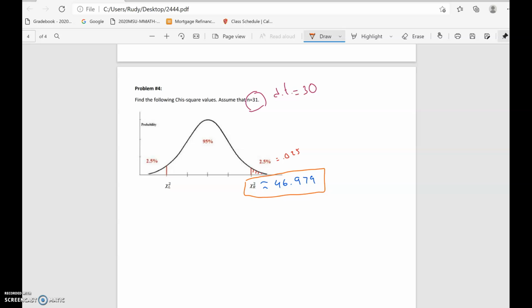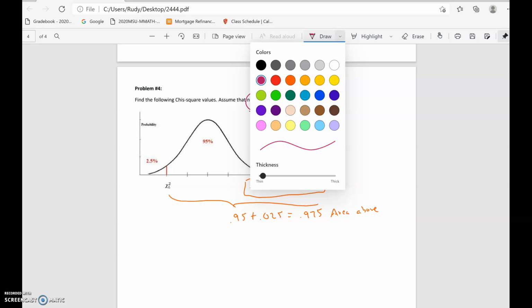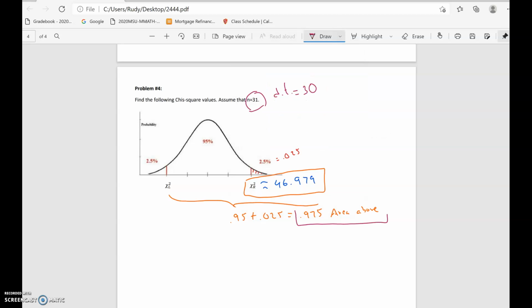Now, for the chi-square value on the left, you're going to read it as follows. It's going to have 0.95 plus the 0.025, which equals 0.975 area above. So this is what we're going to look for on the table, the 0.975.